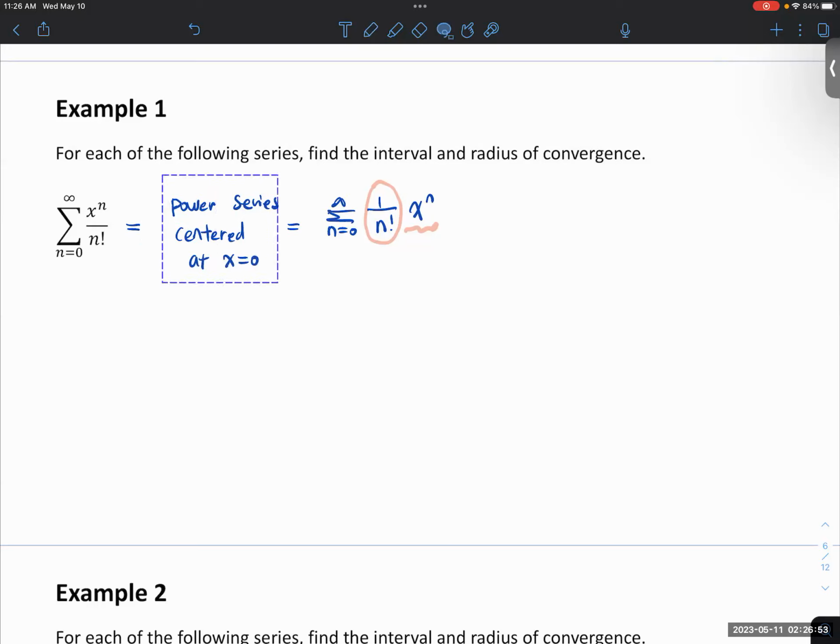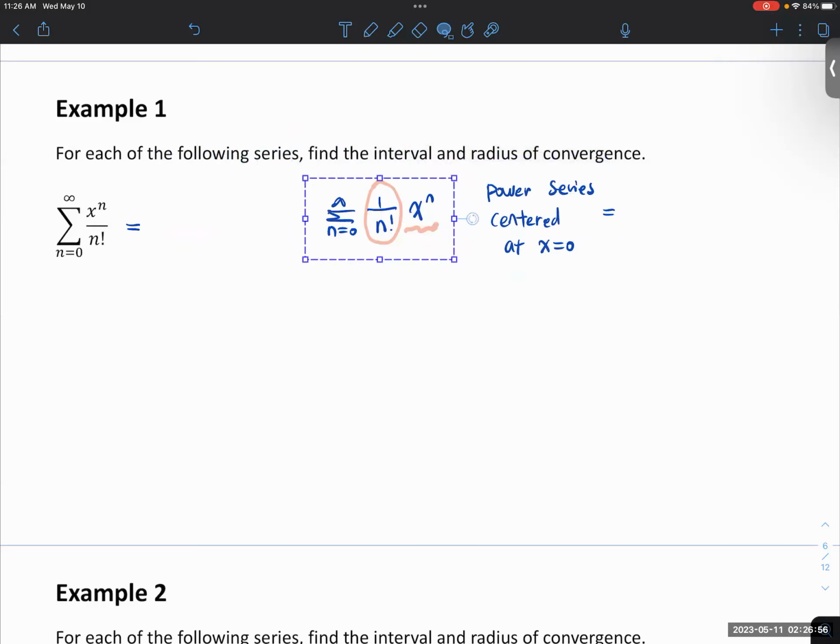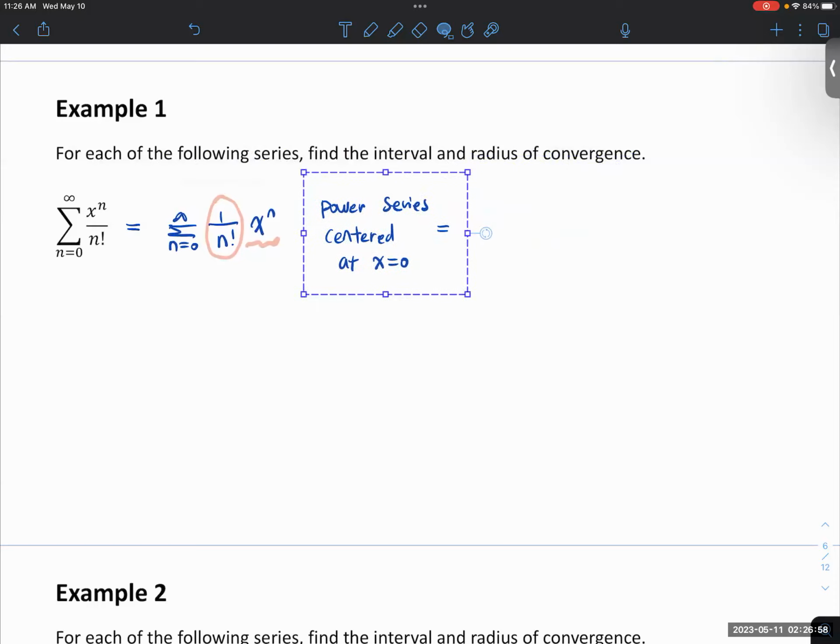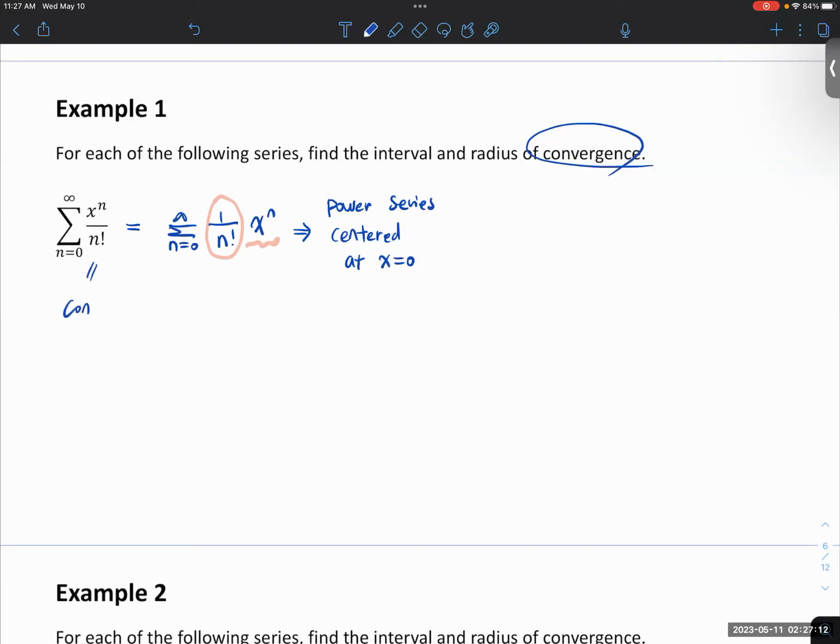So I can change that order. This is that, and this is the power series at x equal to 0. I want to find out when this power series is going to be convergent, right?